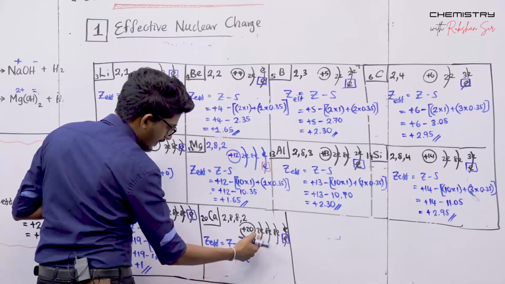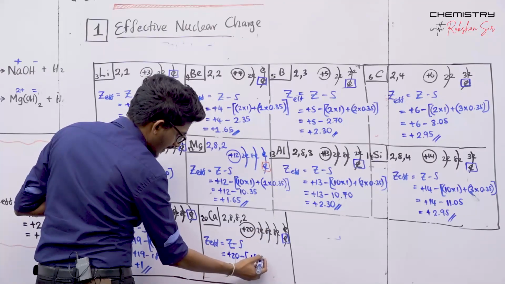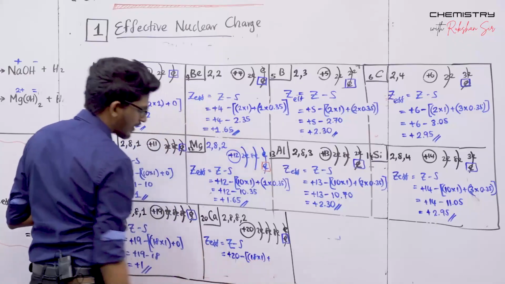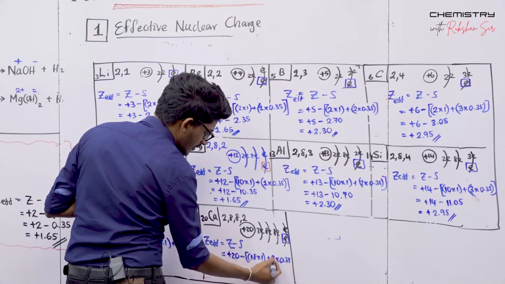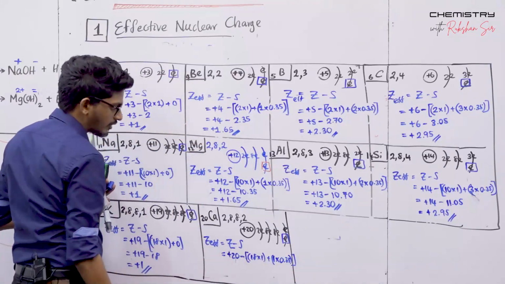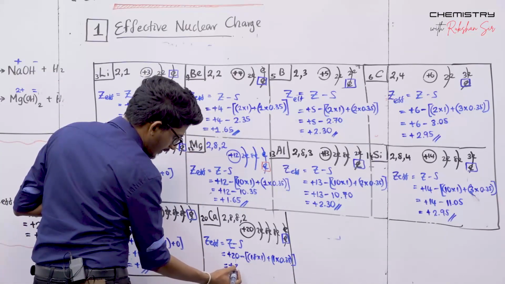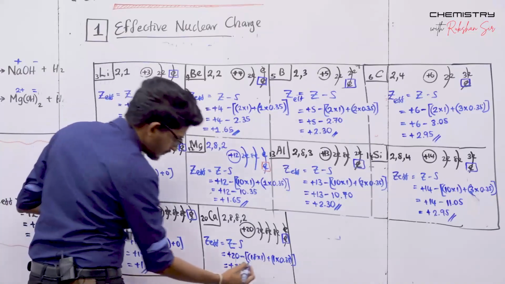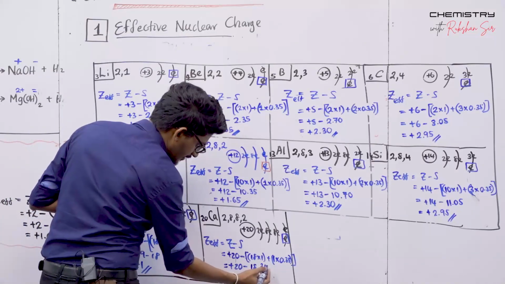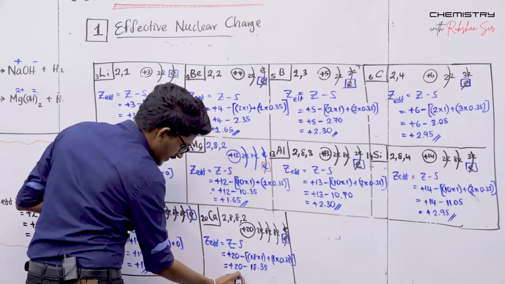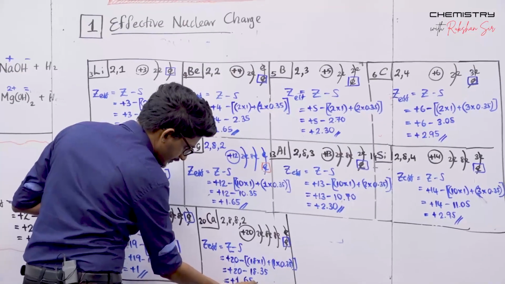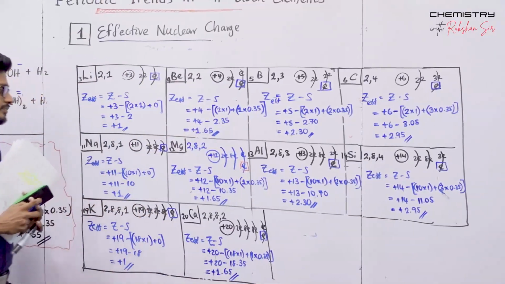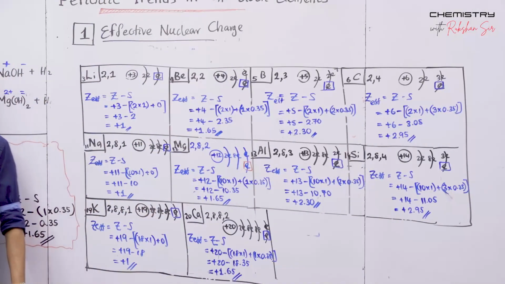You have 18 electrons at the inner shells, 18 into 1, plus 1 electron as an own shell electron, 1 into 0.35. That will give you plus 20 minus 18.35, that is plus 1.65. Right? This is how the calculation is done.